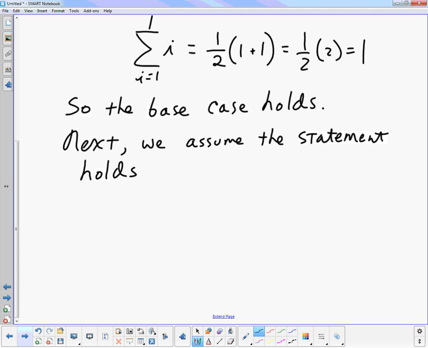This actually needs to go into your proof. You have to have some verbiage in there. As long as you have all the important pieces in there, then it'll be acceptable.